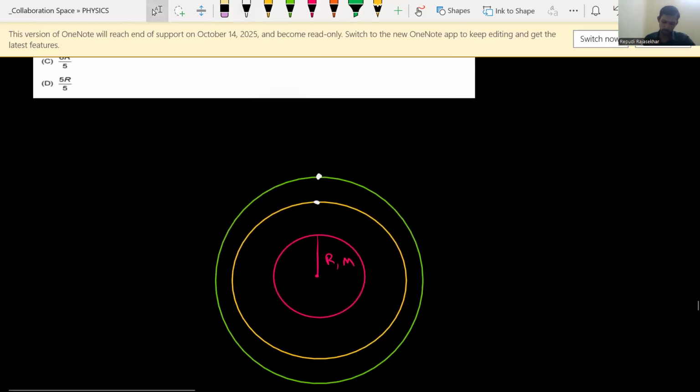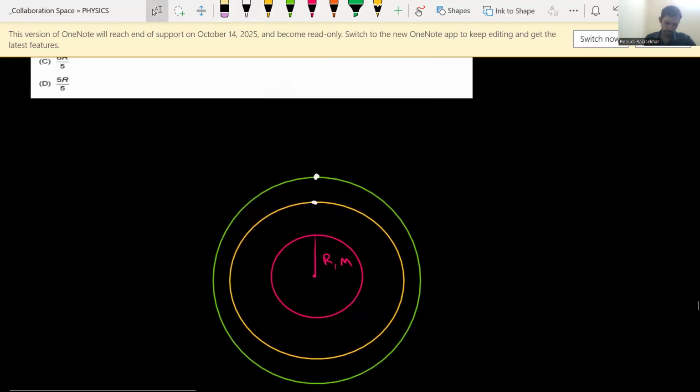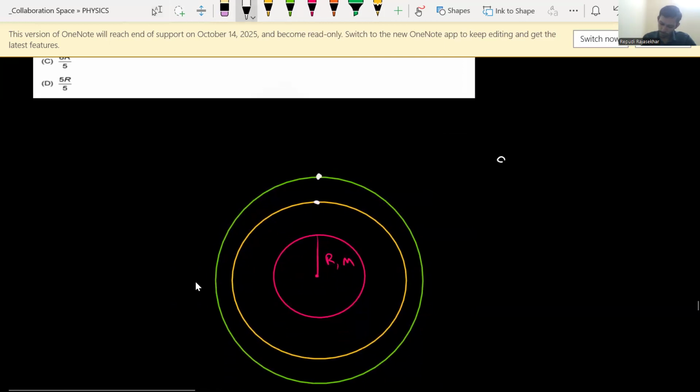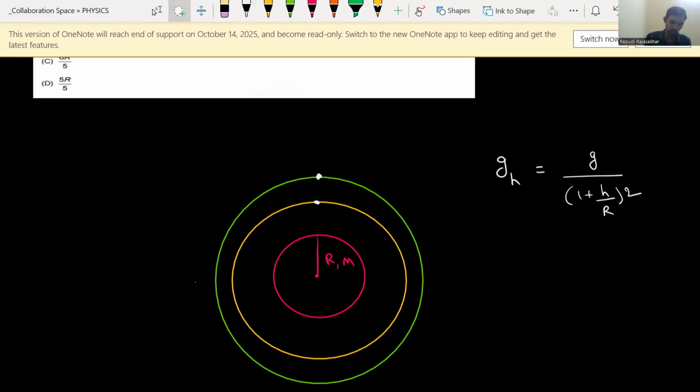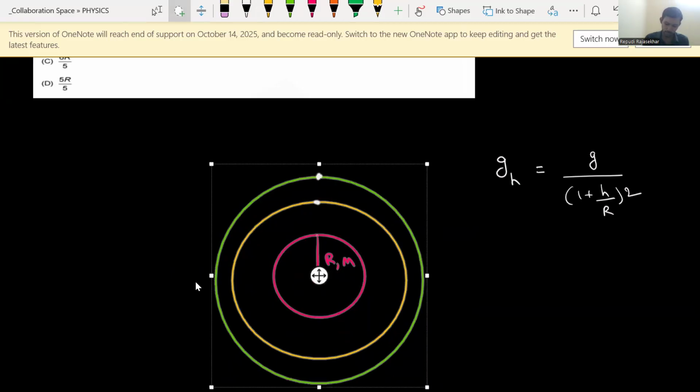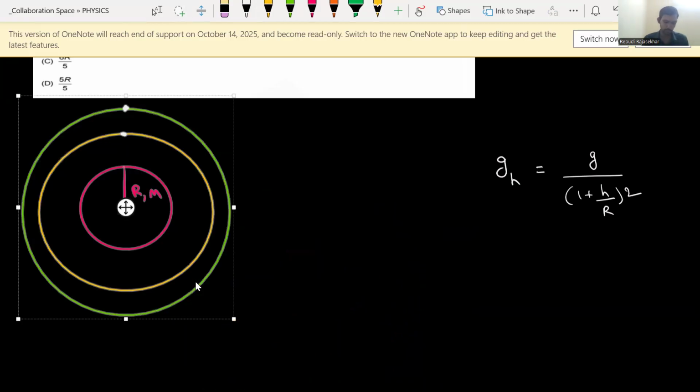Okay, start writing from here. Gravity at a certain height h equals g divided by 1 plus h by R whole square. This is the gravity formula at a certain height from the surface of any planet. Okay, so this is the height formula.